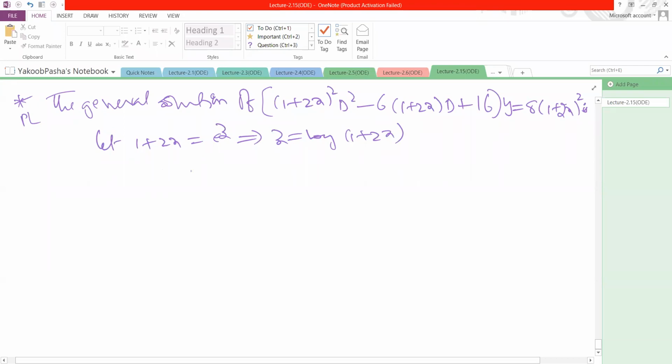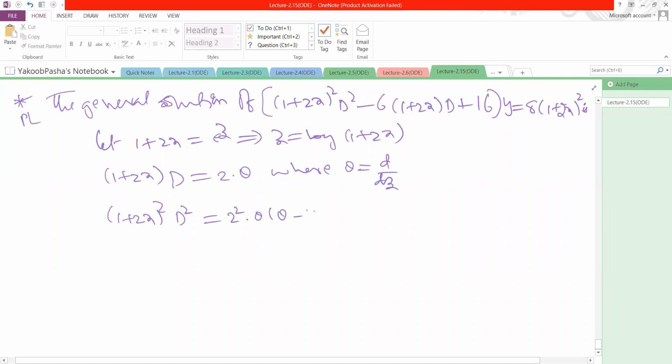I am writing the individual values here. (1 plus 2x) into d, the x coefficient here being 2, we can write 2 into theta, where theta value is d by dz. And (1 plus 2x) whole square into d square is equal to 2 square into theta into theta minus 1. Okay, that is nothing but 4 theta into theta minus 1.